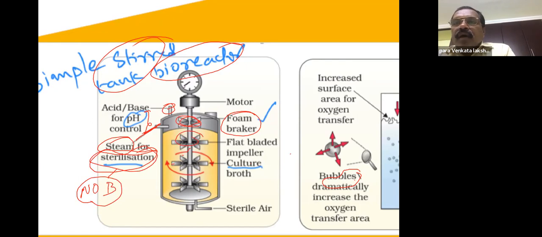The culture broth can be kept in this. This yellow color is nothing but the culture broth. Then this flat bladed impeller will mix throughout. The sterile air can be provided, and this is the motor. And this is the bioreactor. The culture broth is very, very important.